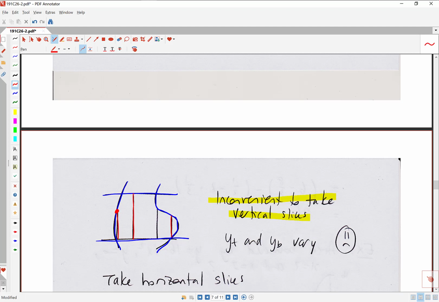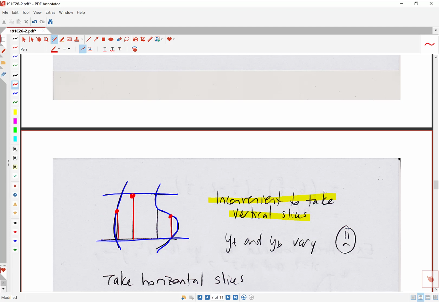For the vertical slice in the middle, it's the horizontal line that's acting as y top. And then for the slice on the right, y top is this sort of curvy curve that we're seeing on the right side. So the problem with this setup is that y top is different for all of these slices. That's not good. So we don't have a consistent curve that is always forming y top.